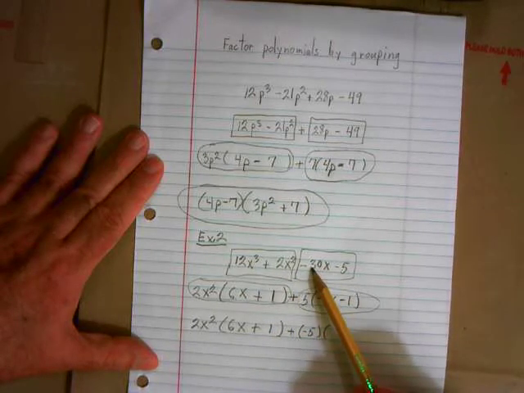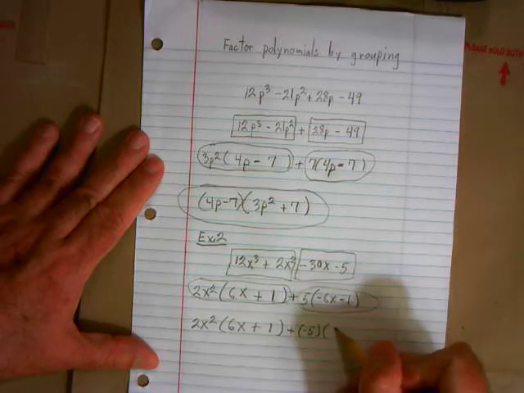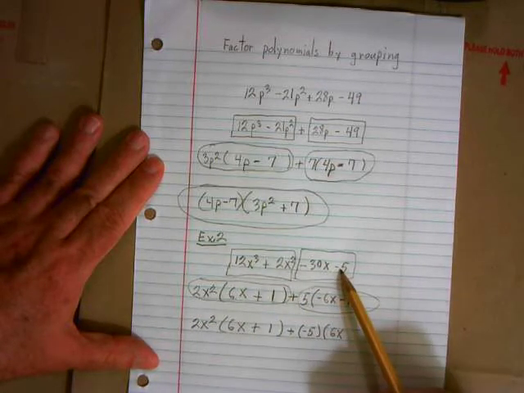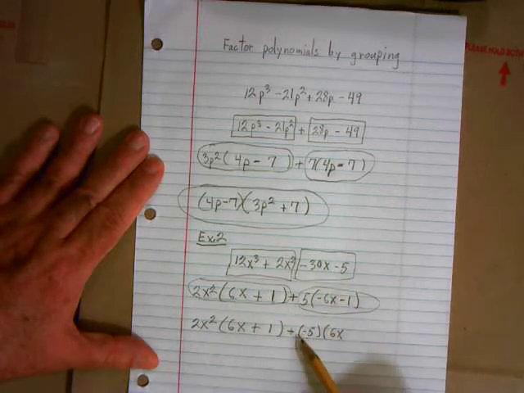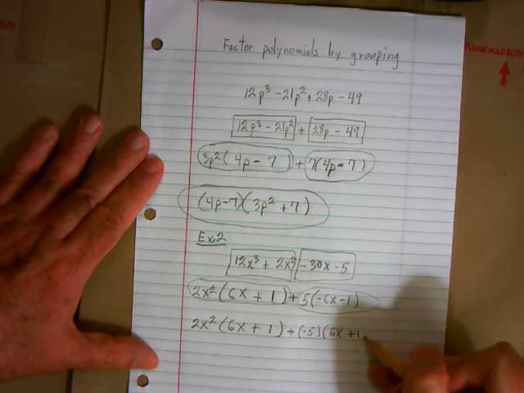Now a negative 30 divided by a negative 5 will give us a positive 6. And of course the x is coming down. A negative 5 divided by a negative 5 will give us a positive 1.